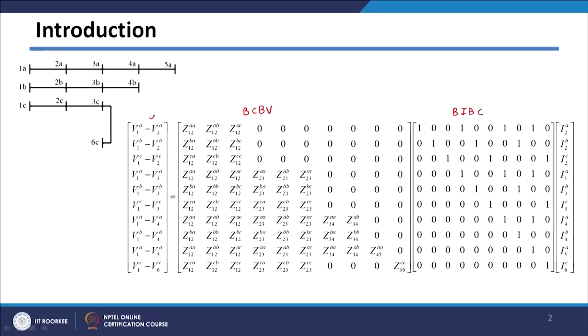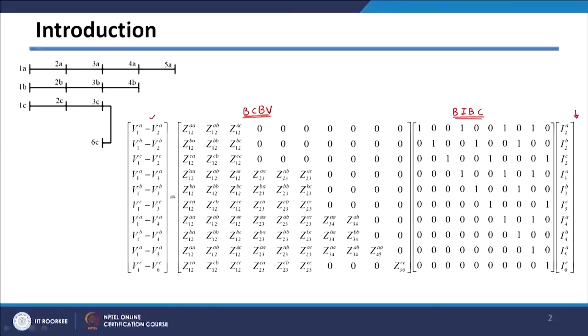Here we have voltage differences with respect to the first node, and these are the nodal current matrix. The BCBV and BIBC matrices are calculated based on the connections and impedances of the distribution system. In the last class, we divided the BCBV matrix into rows and gave names for specific rows.